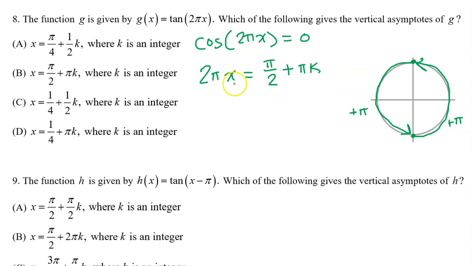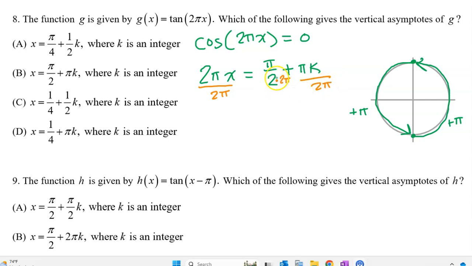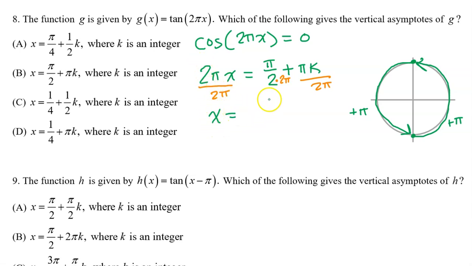We need to get x by itself by dividing every term by 2 pi. When you divide a fraction by something, the thing you are dividing by ends up in the denominator, multiplying. So the 2 pi's will cancel out on the left, leaving x by itself.